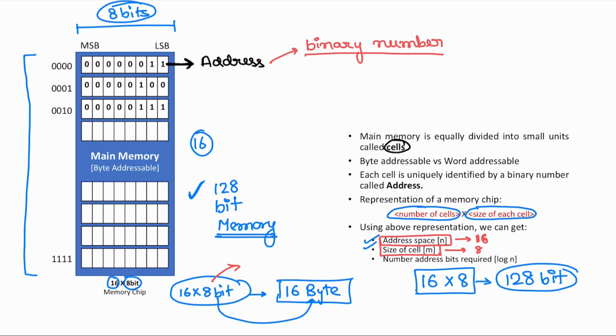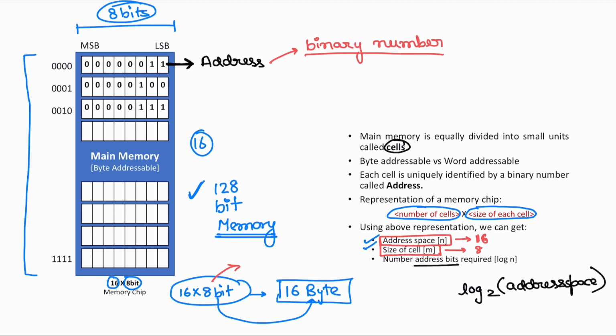Now using one of this information, we can also deduce the number of address bits that are required. We calculated this already, right? If we want to calculate the number of address bits, we will take log of the address space base 2.